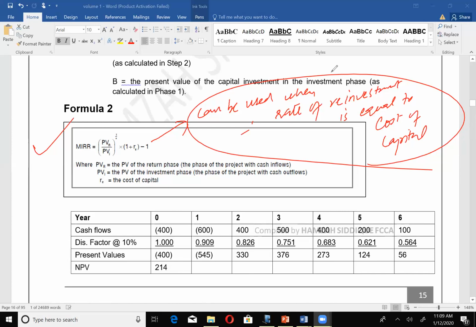Yes, we can use the first formula when both rates are the same. Exactly.